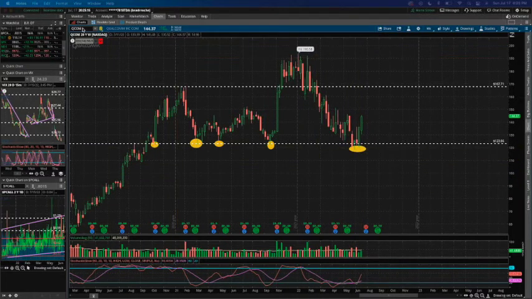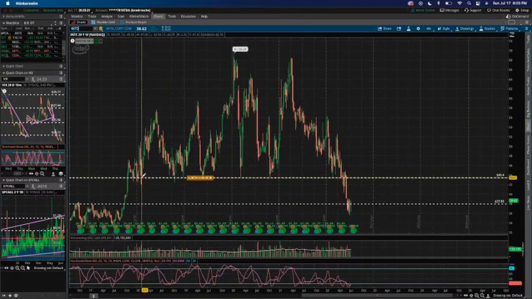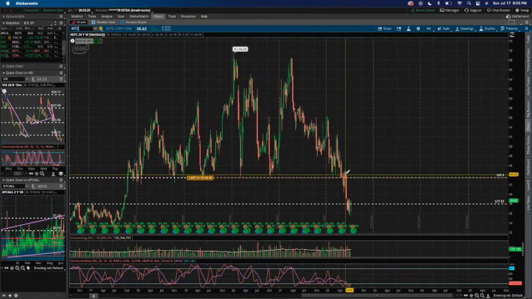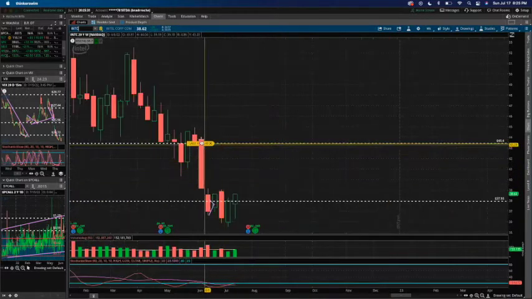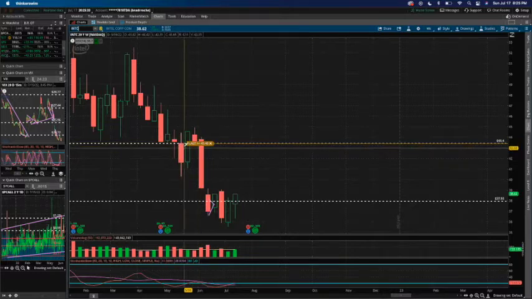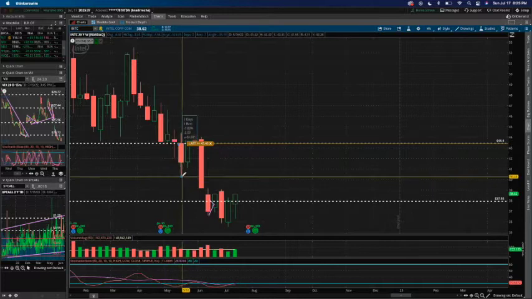So I'm trying to think, okay, here's a good example. This level breaks. Look at this level that's been holding for years, INTC. It's been holding for years, holding for years, holding for years. As soon as it broke, look, when it did break it, sure, you had a little bit of a fake out, but either way, when it broke that move there, you would have been out by then.